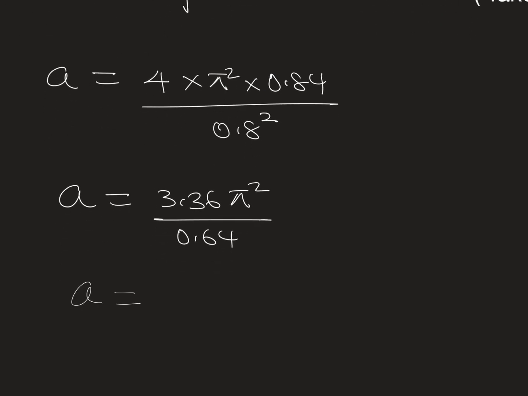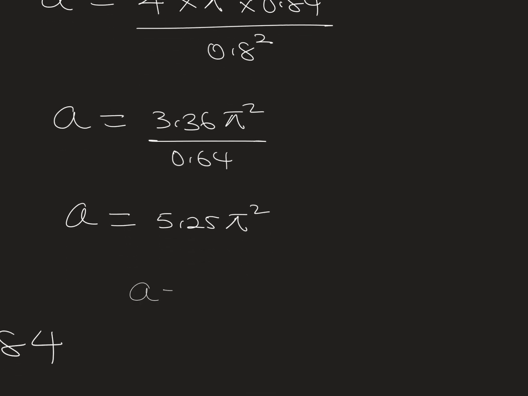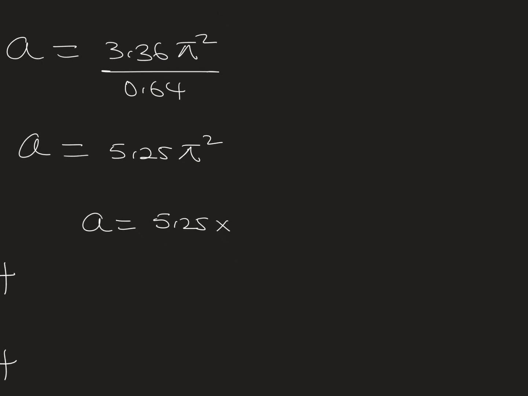So acceleration is equal to 3.36 divided by 0.64, which is 5.25 pi squared. So acceleration will be equal to 5.25 times, when we substitute the value of pi as 22 over 7 and square it, 5.25 times 22 squared is 484, divided by 7 squared is 49.